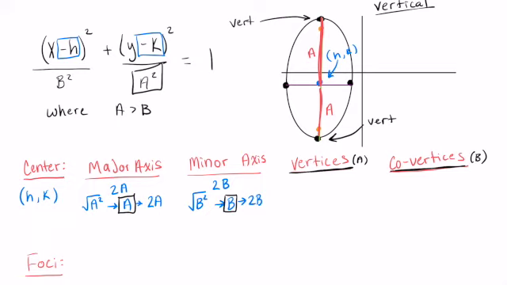And my minor axis has a length of B on each side, which is why we say it's 2B for the length of the minor axis.